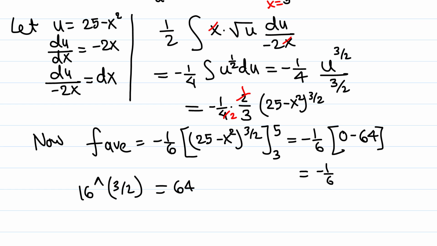That's negative 1/6 times 0 minus 64, negative 64. Then we can simplify: 2 goes 3 times, 2 goes 32 times, negative times negative is positive. So the final answer is 32 over 3.